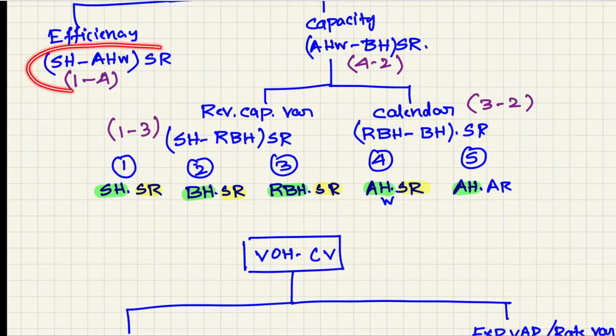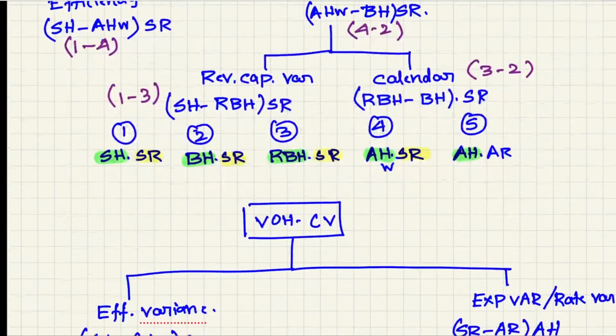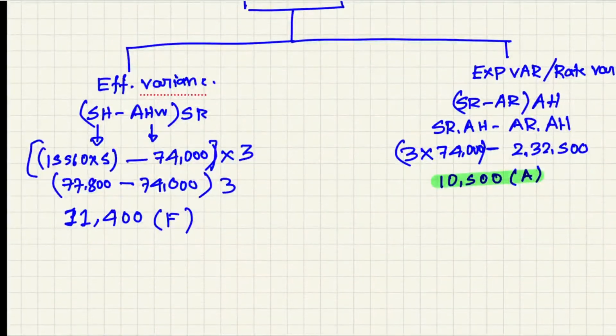So in this you have to use this formula. But the standard rate, you should not use 4 or 3. This is under fixed. So I have to take 1. Standard rate is 1. Standard hours, we have already calculated, 77,800. And actual hour is also given, 74,000.